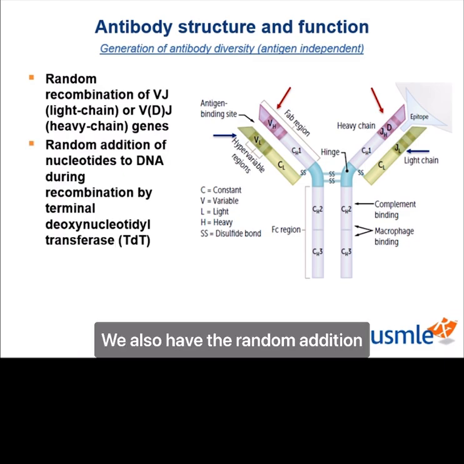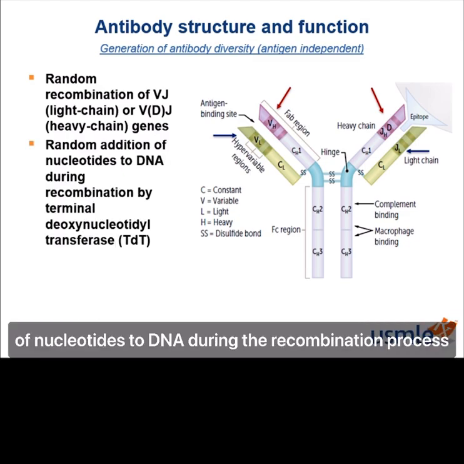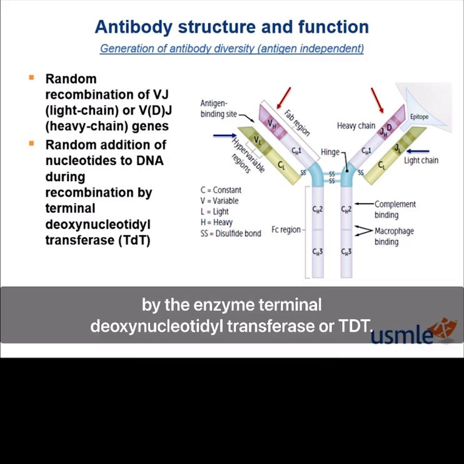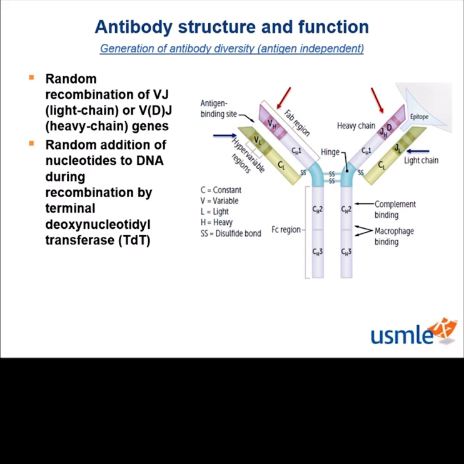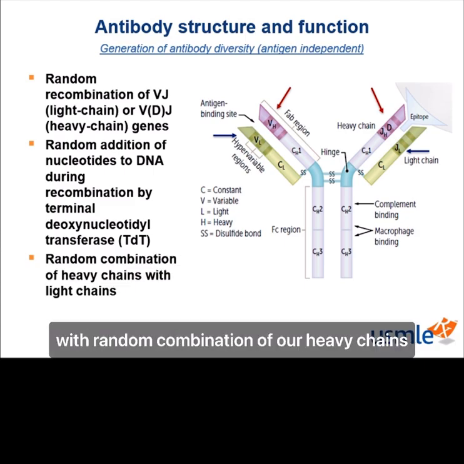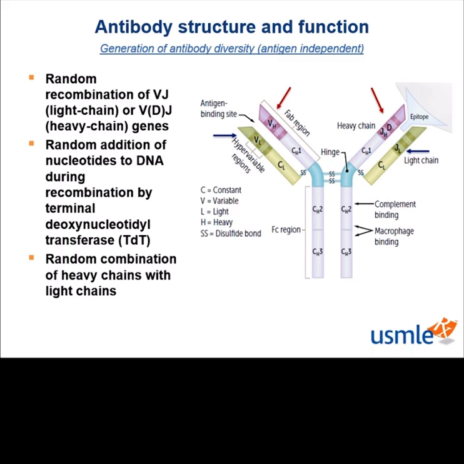We also have the random addition of nucleotides to DNA during the recombination process. And this is accomplished by the enzyme terminal deoxynucleotidyl transferase, or TdT. Finally, we can also generate antibody diversity with random combination of our heavy chains and our light chains.